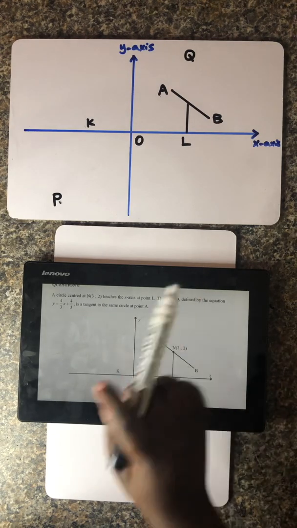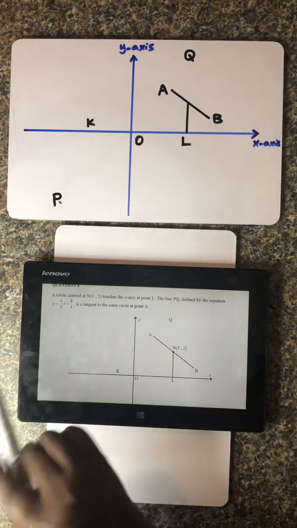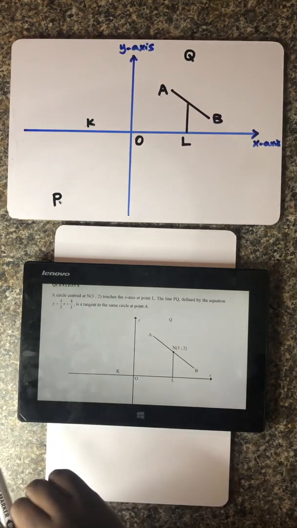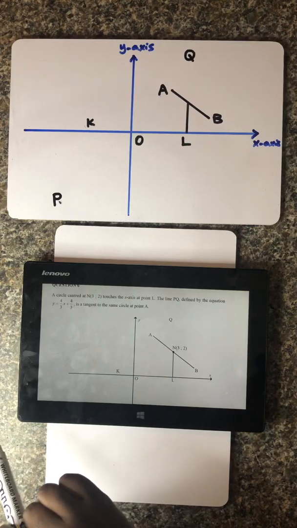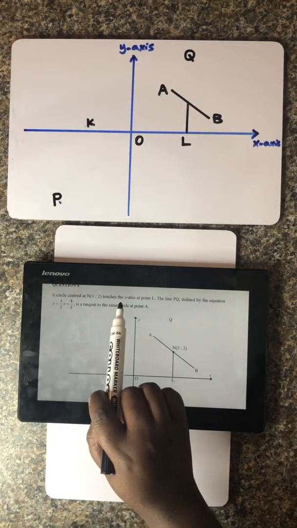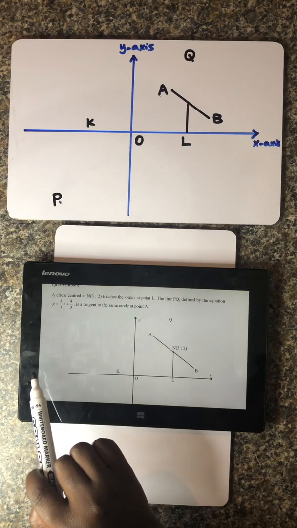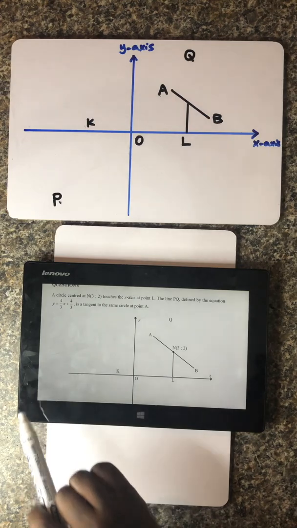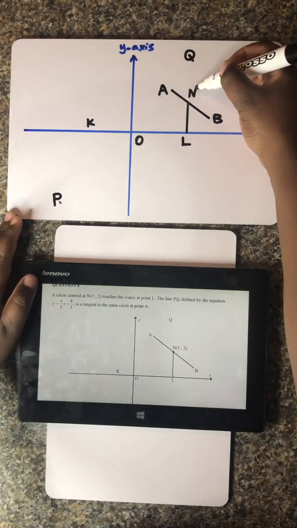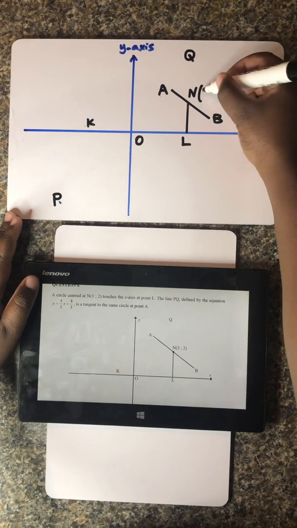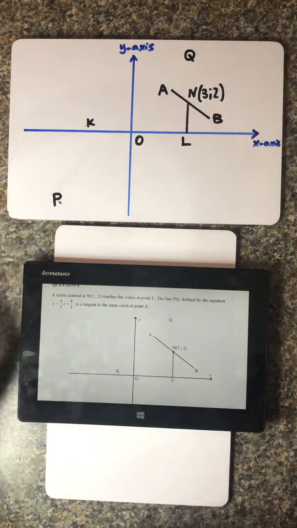Okay, so they say a circle centered at N, where x is 3 and y is 2, touches the x-axis at a point L. Ladies and gentlemen, let's just quickly add that information over there to say N is where x is 3 and y is 2.